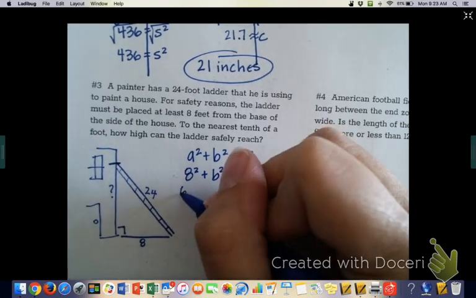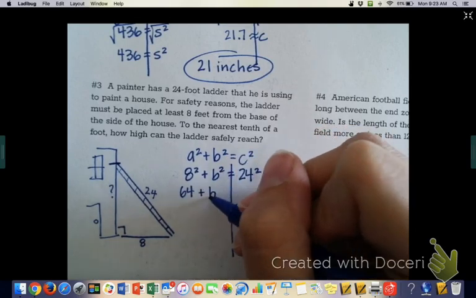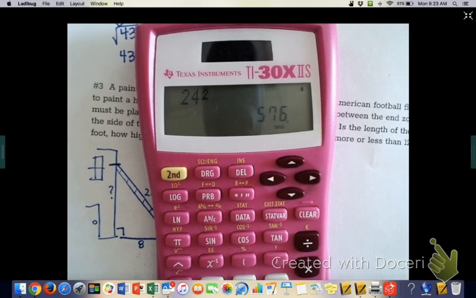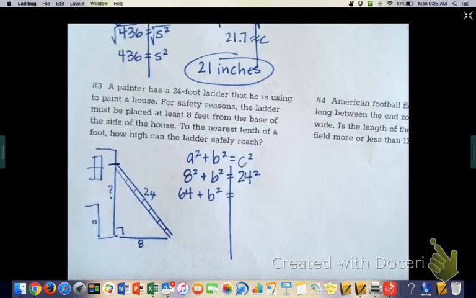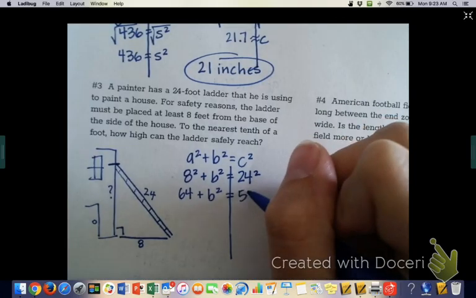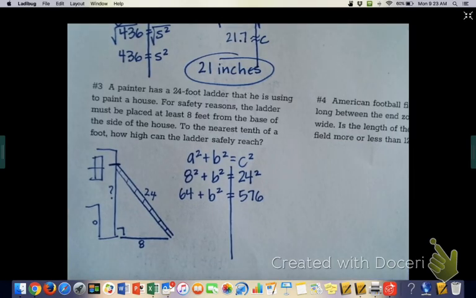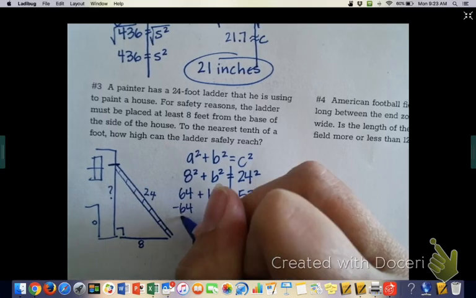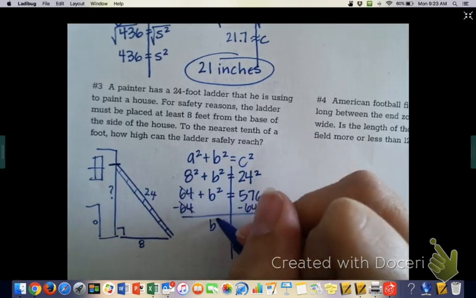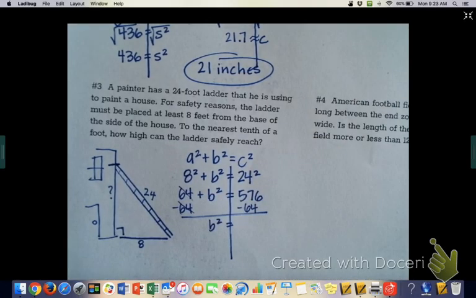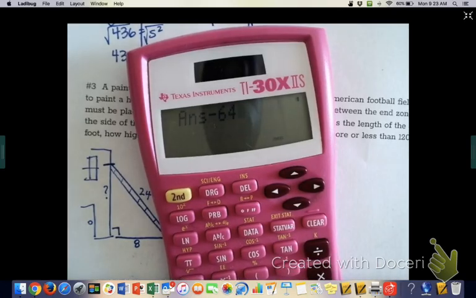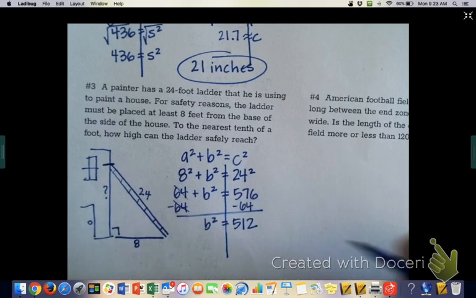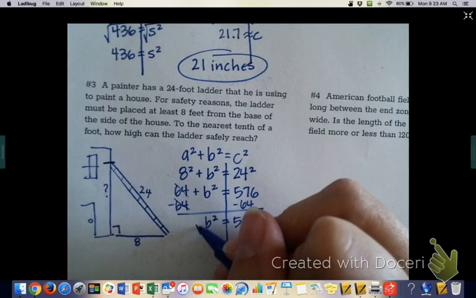8 squared is 64. 24 squared is 576. And we're just going to solve the equation. Subtract 64 from both sides. 576 minus 64 is 512, and we have to square root it.